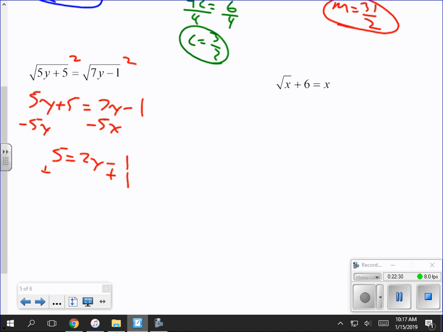Add 1. 6 equals 2y. Divide by 2. Y is equal to 3. Plug it in. 3 times 5 is 15. 15 plus 5 is 20. Square root of 20 over here. 7 times 3 is 21. Minus 1 is 20. Square root of 20 equals the square root of 20. This one works.